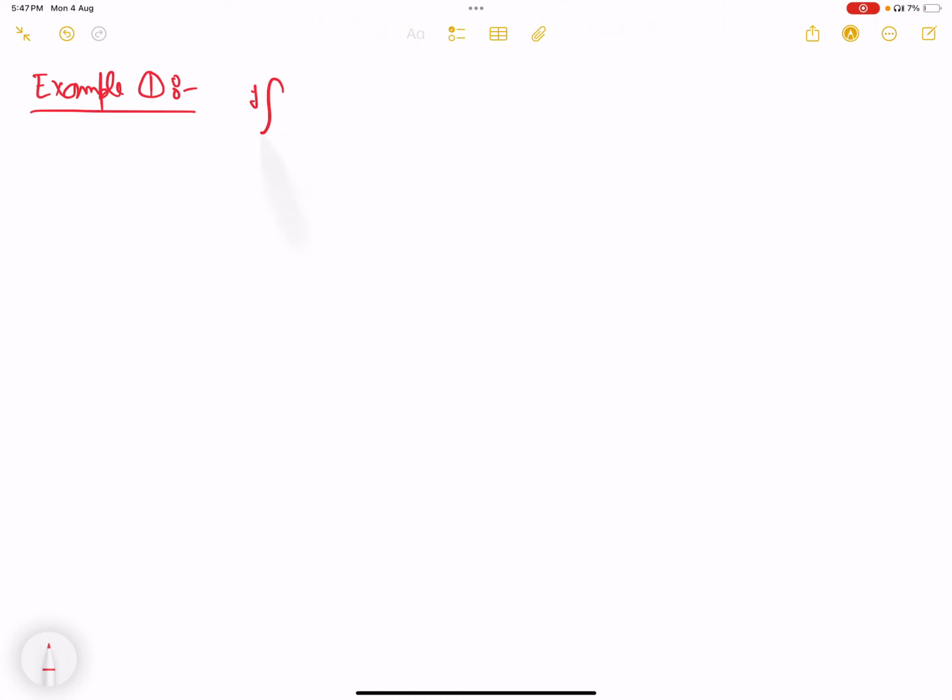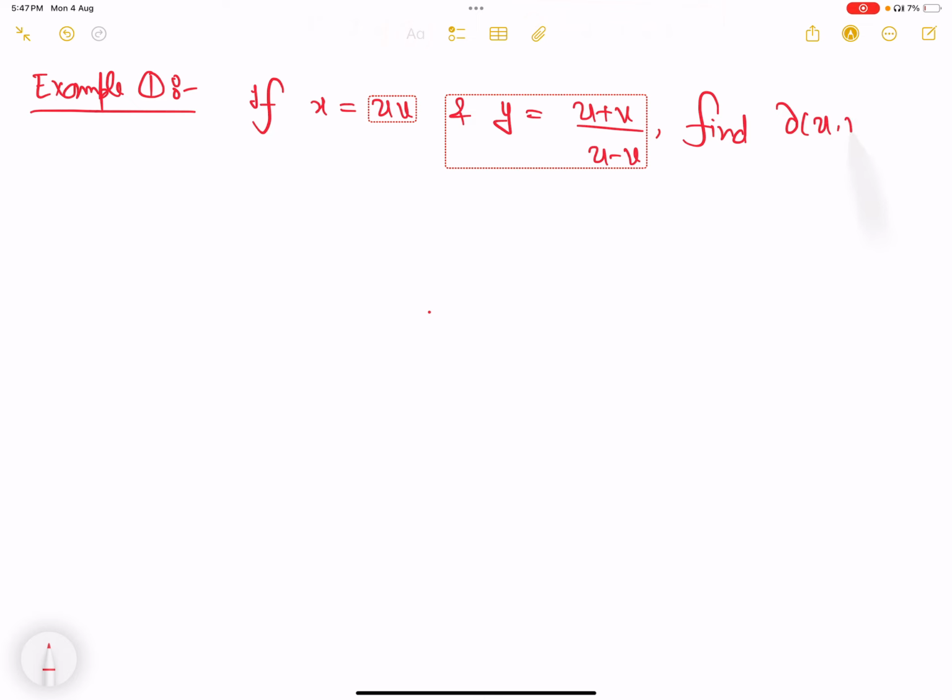If x is equal to uv and y is equal to (u plus v) upon (u minus v), find del(u, v) with respect to del(x, y). We have to find this.